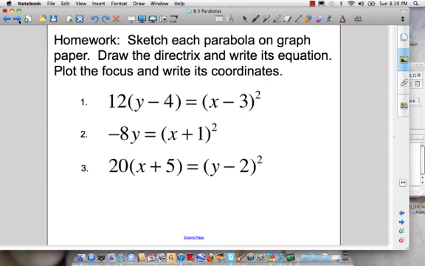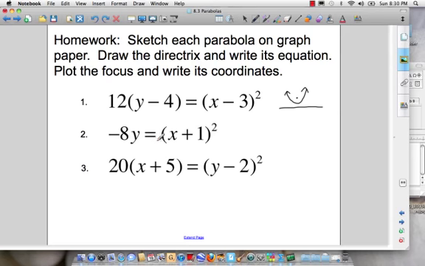Okay, so for your homework, there's 3 parabolas to sketch, and I also want you to draw the directrix and give its equation as well as plot the focus and write its coordinates. Now, remember, when the x is squared, it's going to be vertically aligned, so it's going to look something like that with the focus inside and the directrix outside.